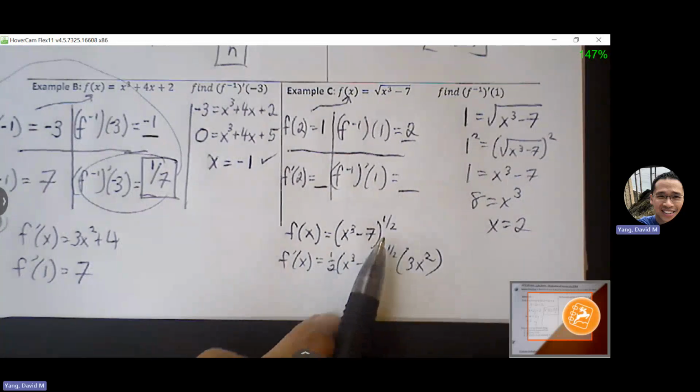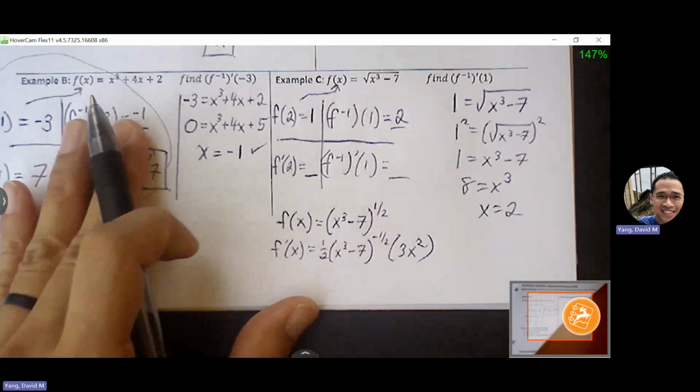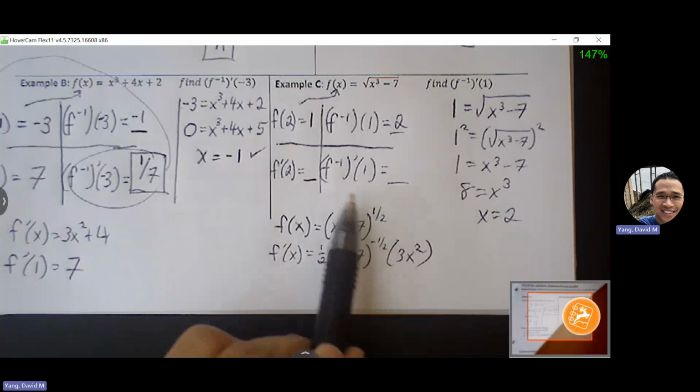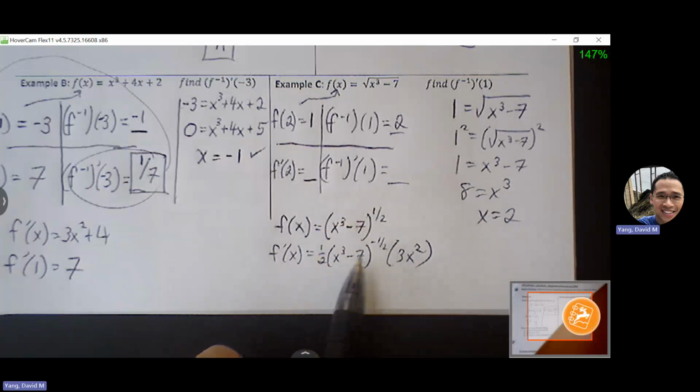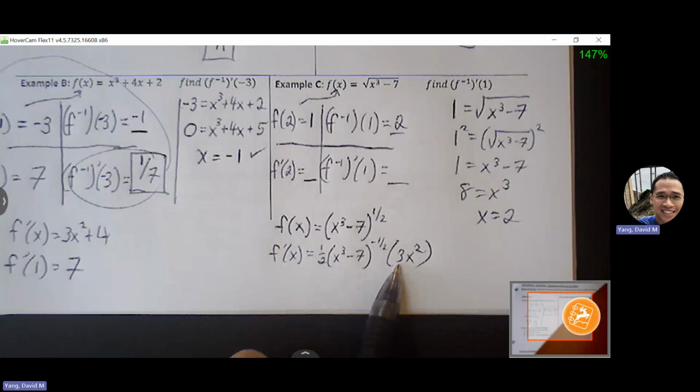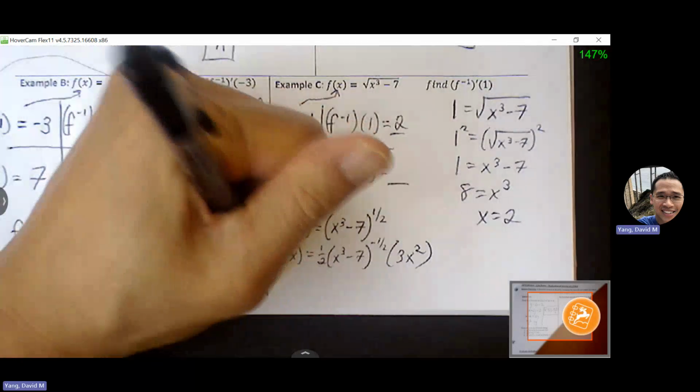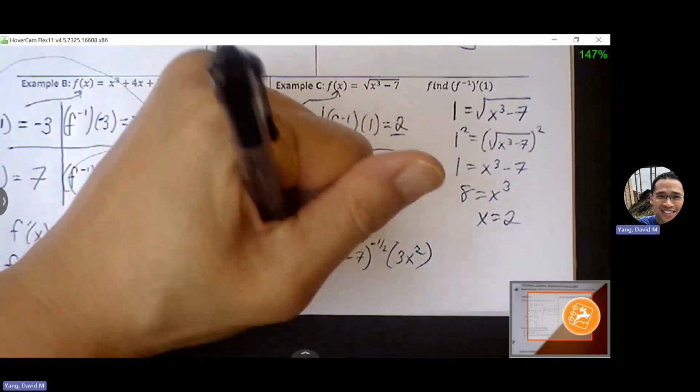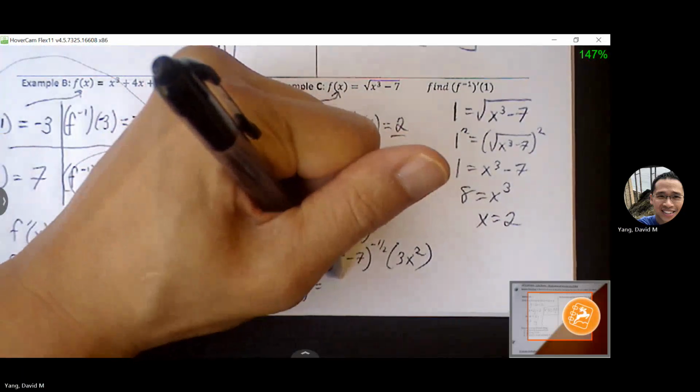The parentheses is my outside function. The x cubed minus 7 is my inside function. Outside's derivative, 1/2, parentheses, so -1/2. We keep the inside intact, times the inside's derivative. X cubed minus 7 becomes 3x squared. Maybe I can do a little bit of cleanup before I plug in 2. It's up to you.